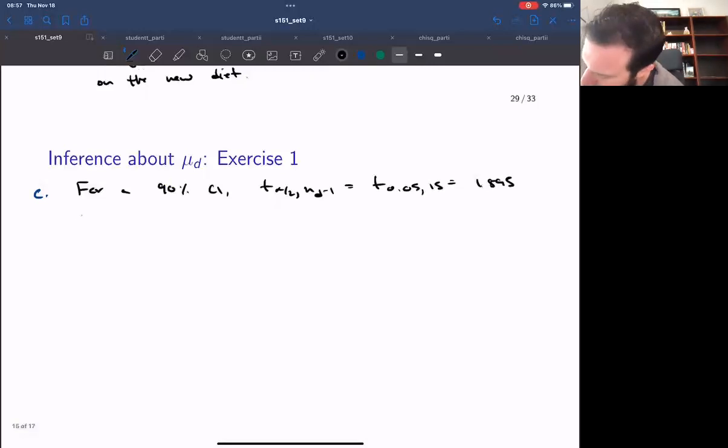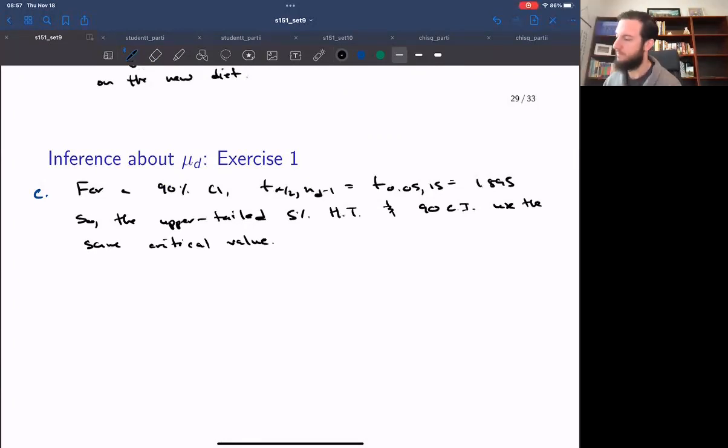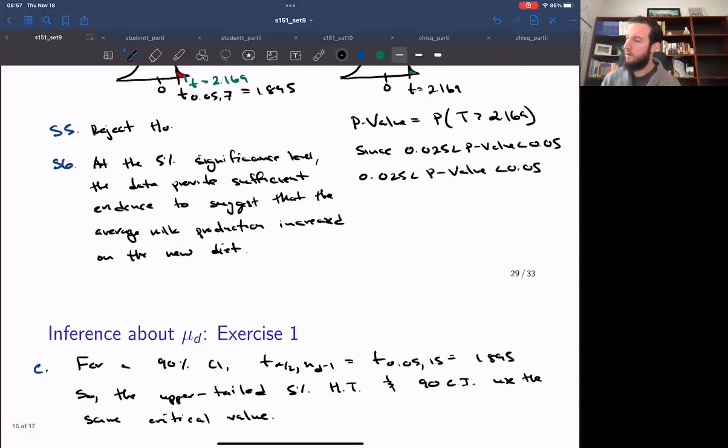So the upper tail 5% hypothesis test and 90% CI use the same critical value. You can see that the critical value we used on step 4 of the hypothesis test is the same as the critical value that the 90% confidence interval will use.